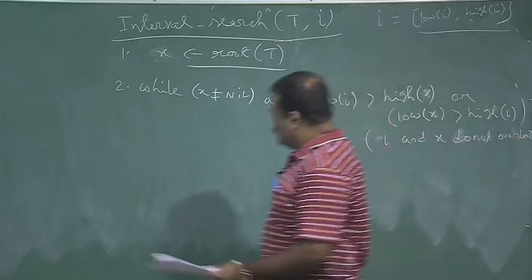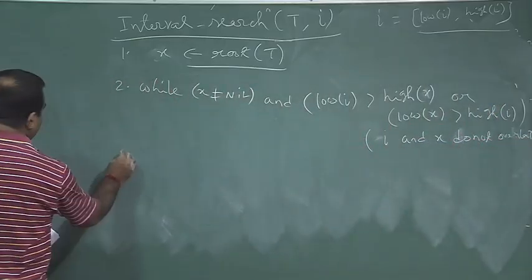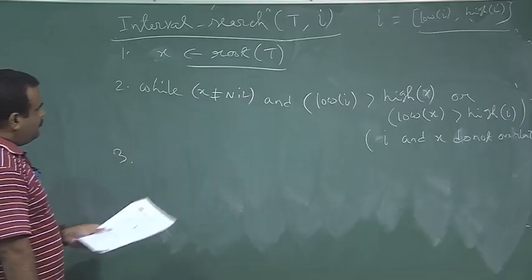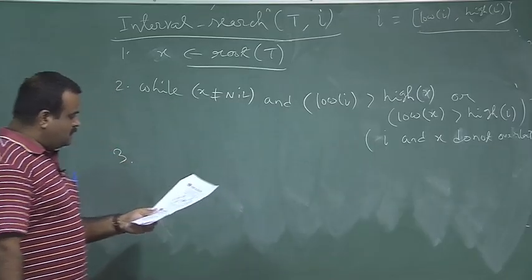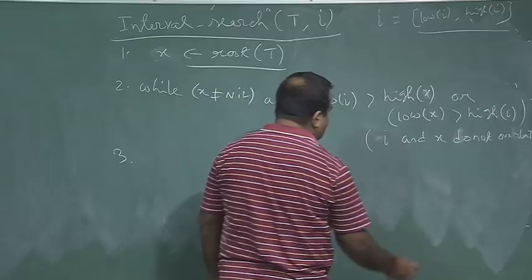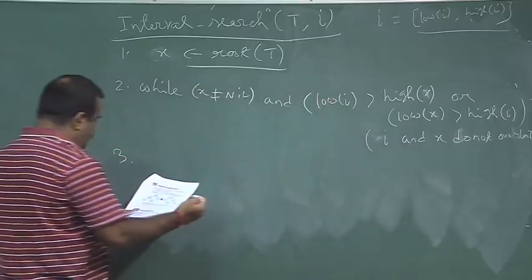So, then we have to go down. What do we need to do now? If they are not overlapping and it is not a nil node, then we have to go either left or right.